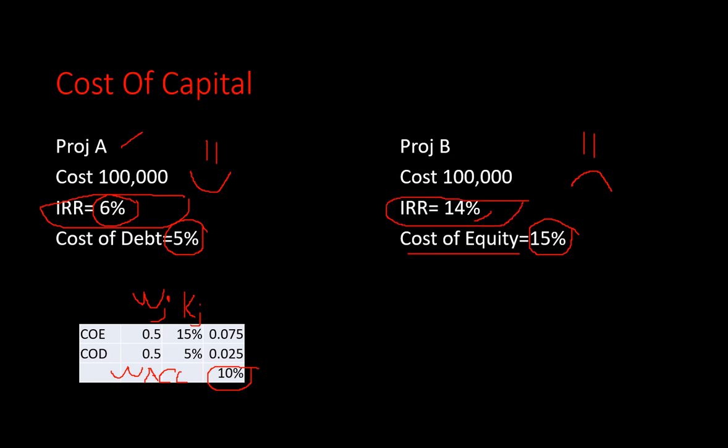This is the reason why we shouldn't be using the individual cost of equity or cost of debt when it comes to decision making. Instead, we should be using the weighted average cost of capital.